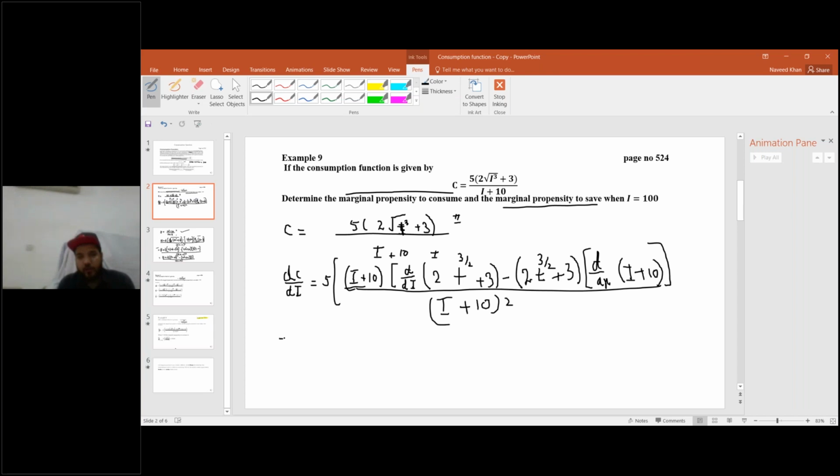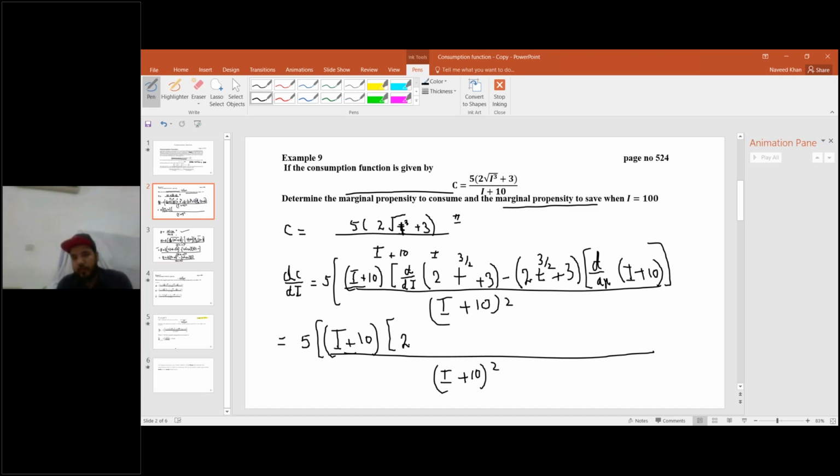Now we take the derivatives. So here it will become 5 into I plus 10, and now the derivative of 2 into I power 3 by 2.